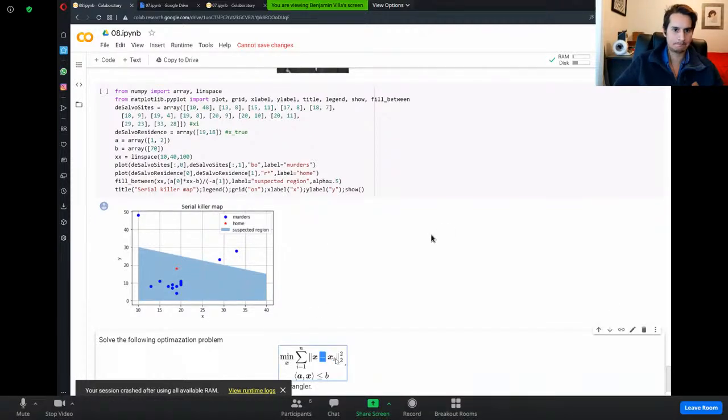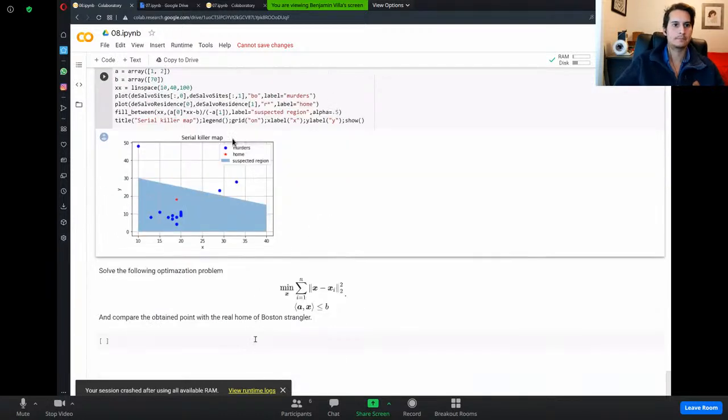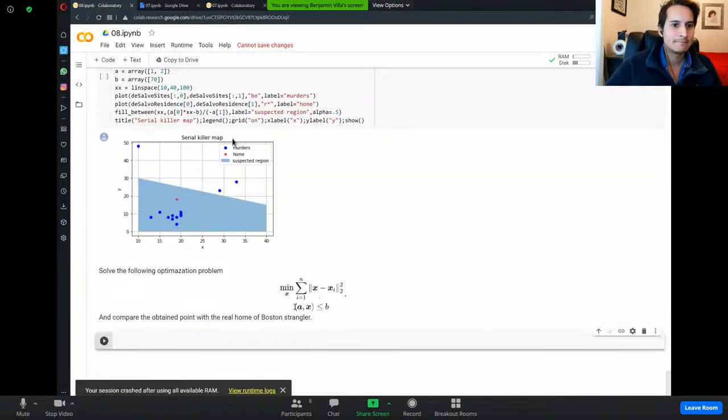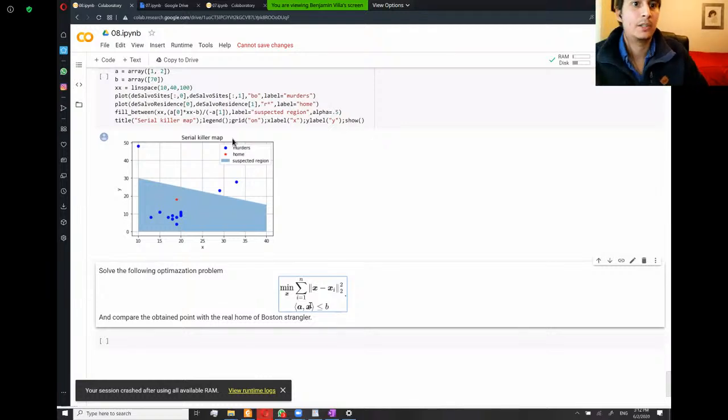Acá mismo el x sub i es de salvo sites. Are all the murders. The position of the murders. Oh, qué entretenido. Y inner product, el producto interno, también existe en CVX, ¿cierto? Yeah, but you can use the at notation. Arroba. Ya.